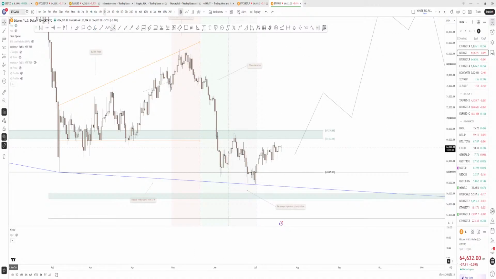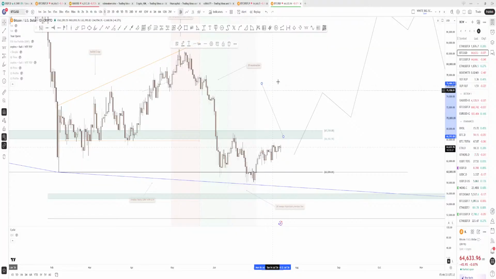If this was the case, then if I'm not wrong, we'd be looking at a 78k target, and I'm expecting at least a push towards this high, 73. I think it's very possible. Why not, actually?